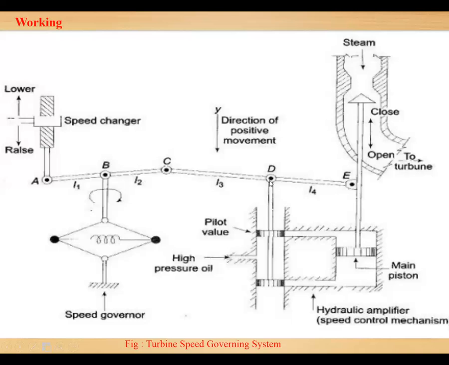If D moves downwards, low pressure oil enters into the lower pilot valve and presses the main piston upward and closes the gate or valve. It reduces the flow of steam to the turbine, thereby the speed of the turbine decreases and maintains constant frequency.